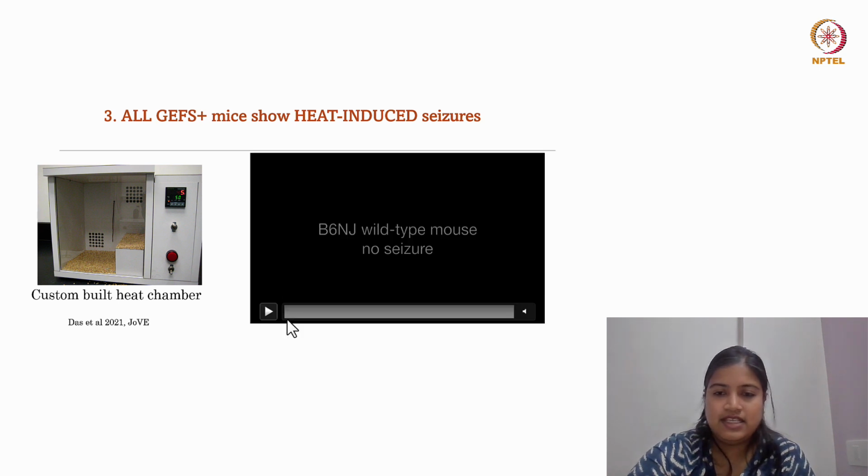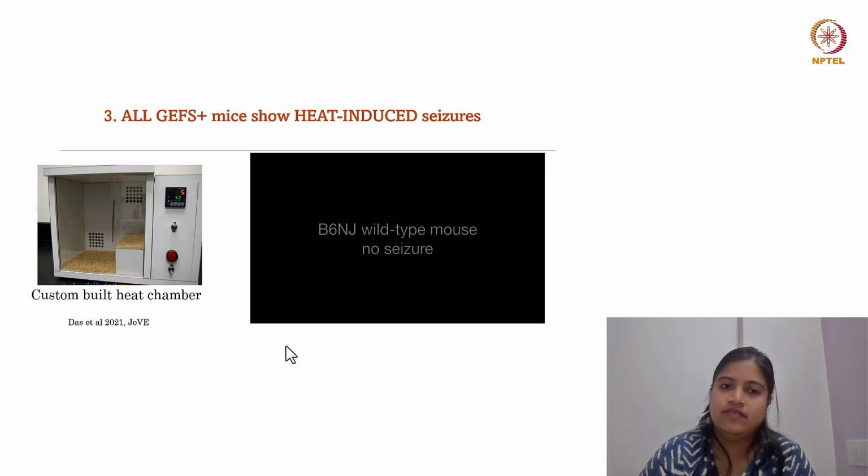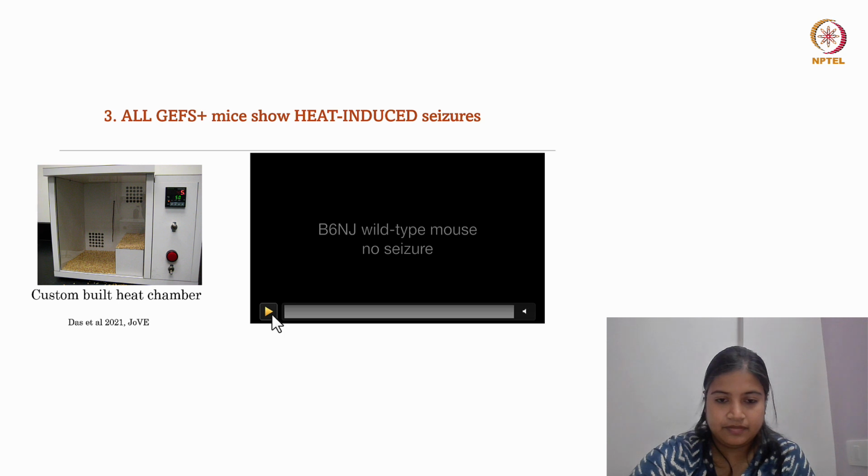So what we are going to see over here is that if the mouse is wild type, when the body temperature goes up because the chamber is slowly getting heated up, the wild type mice do not undergo seizures. Whereas if we have a mutant mouse which has the SCN1A mutation, then at a certain body temperature, it will undergo seizure.